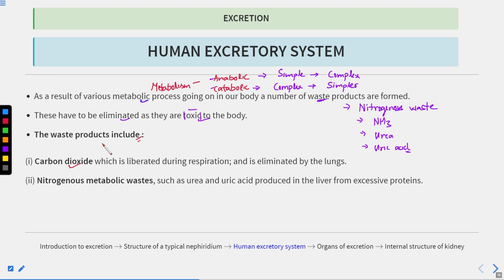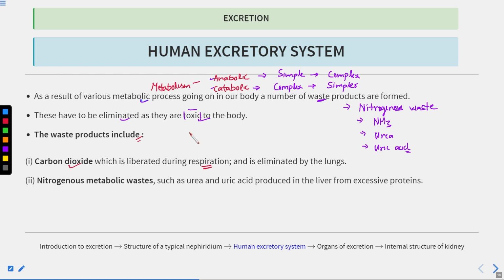So when is carbon dioxide released? Carbon dioxide is formed during the process known as respiration. In respiration, the glucose molecule or the respiratory substrate is used. The respiratory substrate can be glucose, fats, or proteins.